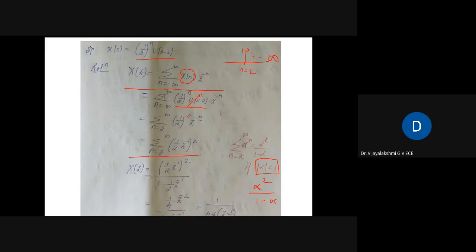So use this condition. If this infinite summation has to converge, similar to this, right? Because it is the same as this, if it has to converge, |alpha| should be less than 1. So in place of alpha I have 1/2 into z power minus 1.